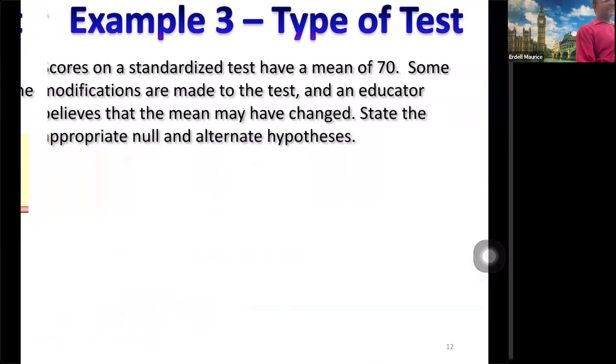Again, this is a right-tailed test. Scores on a standardized test have an average of 70. Some modifications are made to the test, made electronic. An educator believes that the mean may have changed. State the appropriate null and alternative hypothesis. Anybody want to raise their hand and tell me what the null hypothesis is?